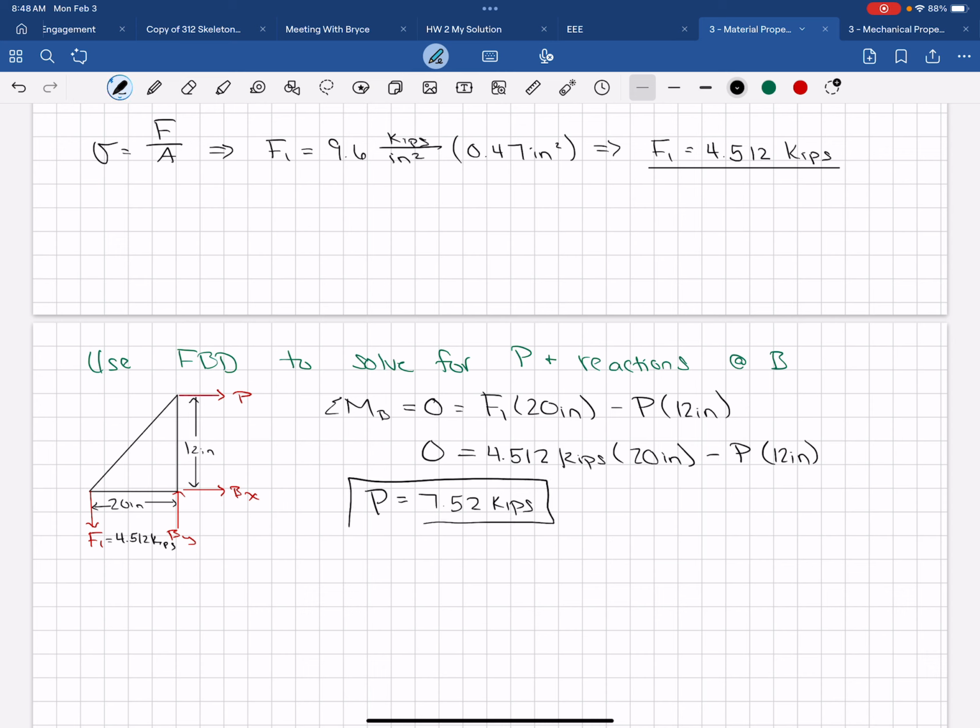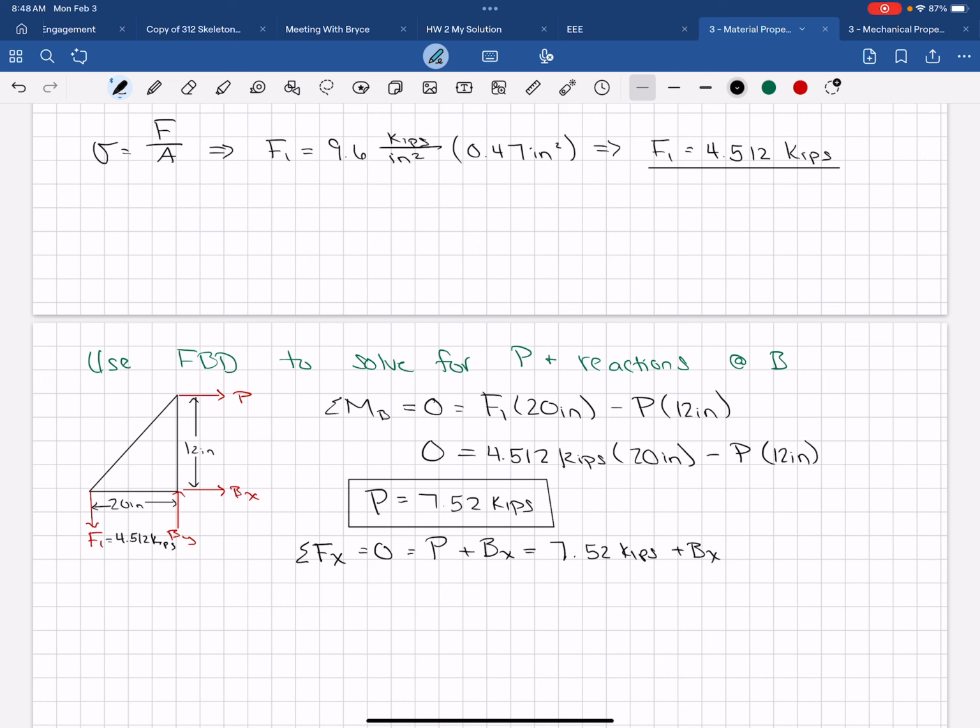Okay, then I need to solve for Bx and By, so I'll do sum of the forces in the x equals 0. So that equals P plus Bx. Now I know that P, 7.52 kips, plus Bx, all that equals 0.